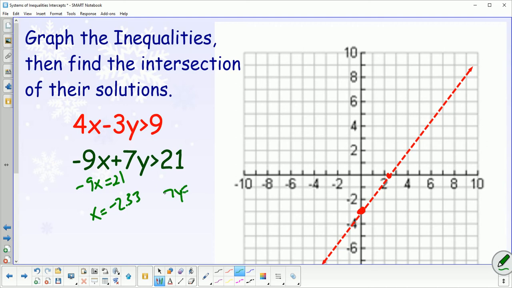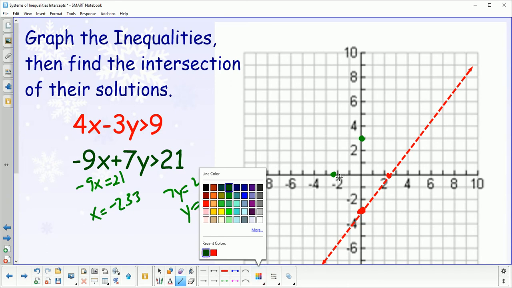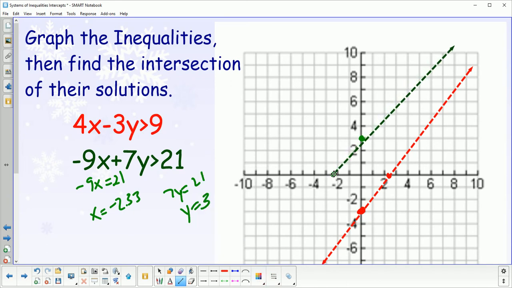And then my other one, 7y equals 21, so y equals 3. So I'm going to put a point at negative 2.33 and a point at y equals 3. And then I'm going to draw my line. Again, it should be dashed, and I'm going to make this one green. And it's going to look something like this.